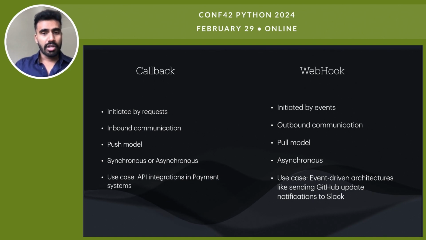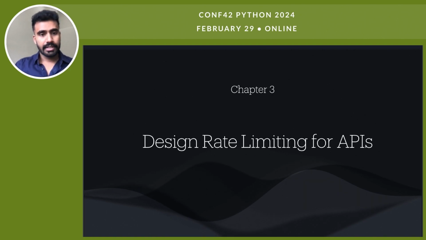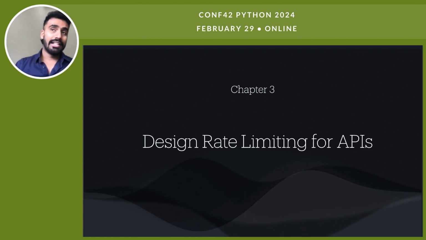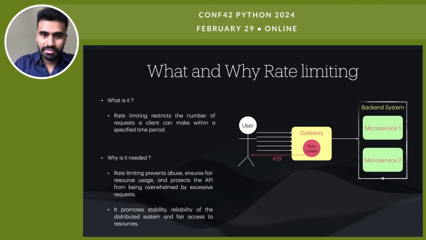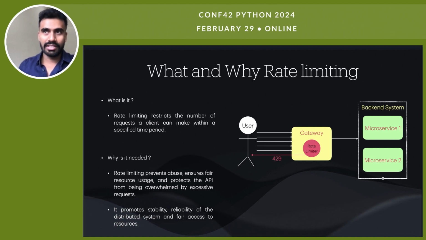So moving on to the next chapter, another aspect of APIs is rate limiting. Now, designing rate limiting for APIs. What is rate limiting and why? The term itself says you have to limit the rate. Say you are a user doing payments on a payment system, uploading a lot of pictures, or accessing a lot of comments.